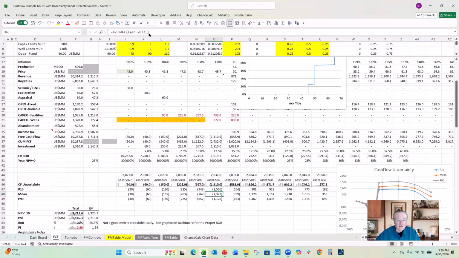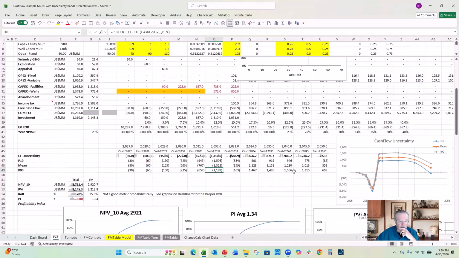So the average and the mean are the same term. The P50, though, is not the average. P50 is not the mean. Average and mean are the same, but not the P50. And then this is the P90. Those are really easy points to get, and I just graph them. Very nice.